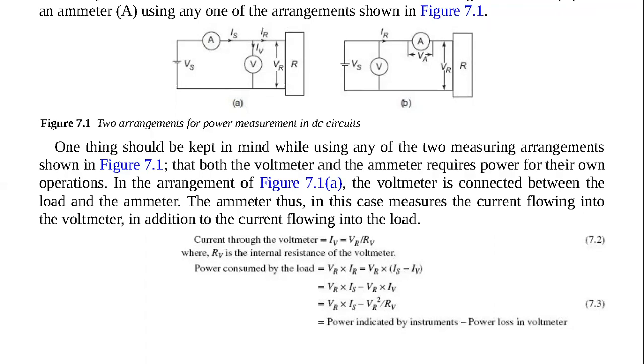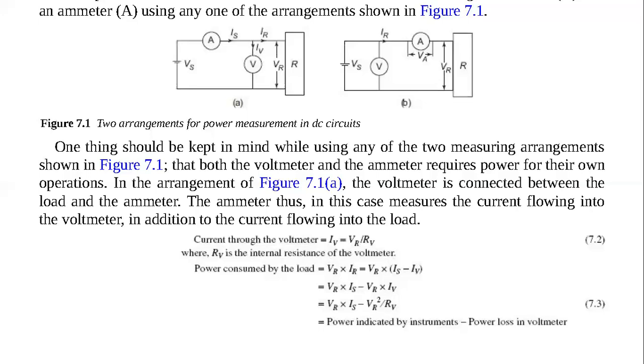And that's why, for you to get the current that will be flowing through the voltmeter, remember this is its own current, you take the voltage through the resistor or the load, and that can also be assumed the voltage through the voltmeter, because they are in parallel, so we know voltage in parallel connections is the same. So the voltage, and it will also be the voltage through the source. So it will be the VR divided by the RV, the RV being now the resistance of the voltmeter, and that is the internal resistance.